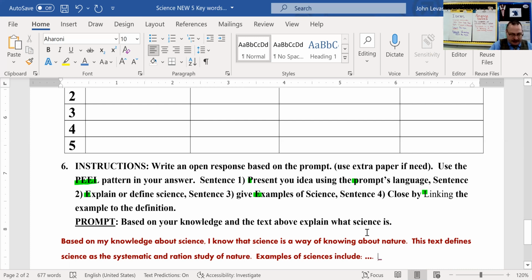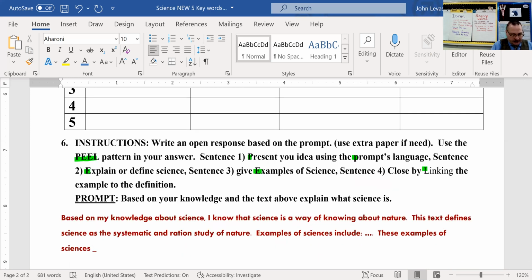So let's make a last sentence. These examples of sciences all study aspects of nature.